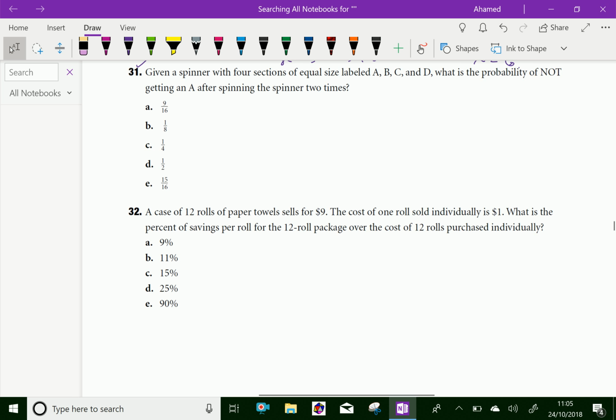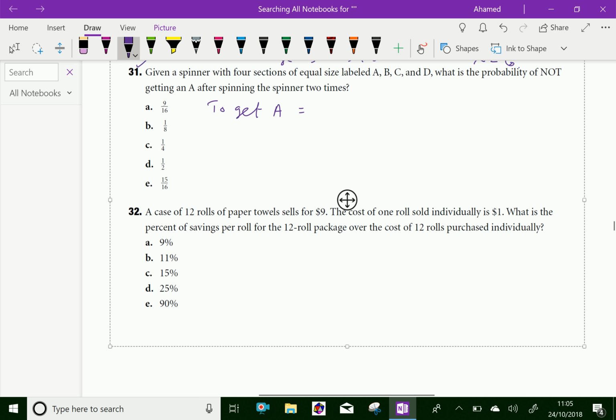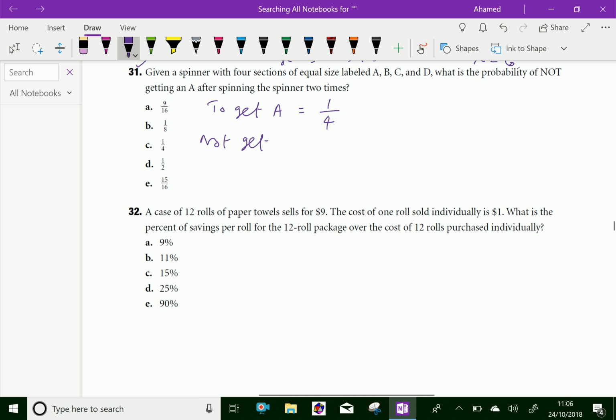First time, the probability to get A is 1, as A appears 1 time among a total of 4 spaces. Therefore, the probability of not getting A is 1 minus 1 by 4. This is the first spin.